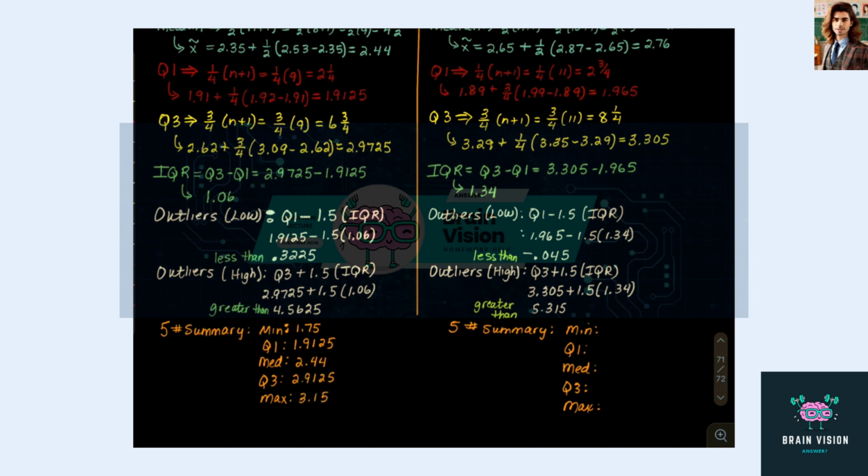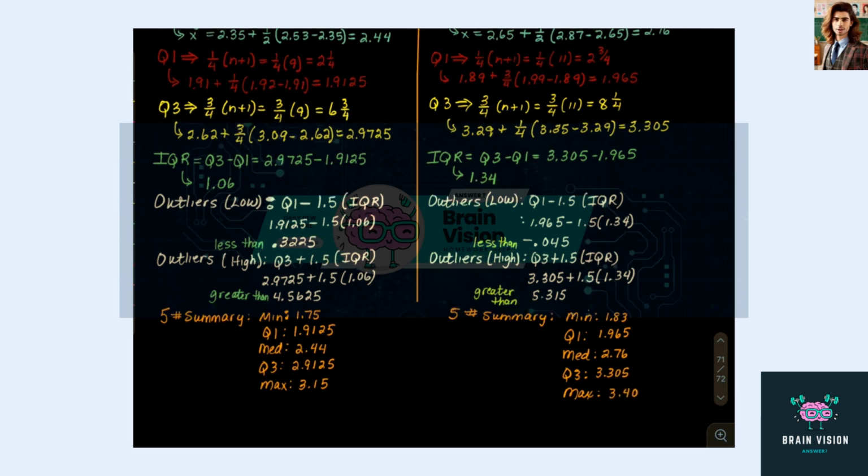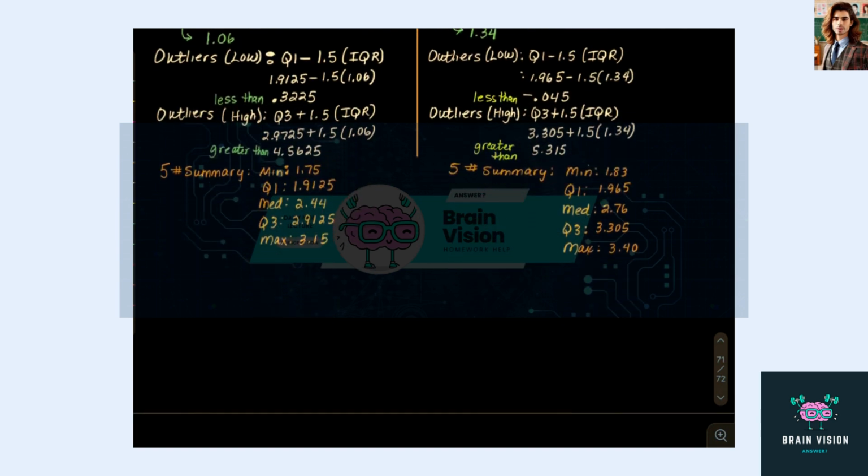For our second formulation, the minimum was 1.83. Q1 was 1.965. Median was 2.76. Q3 was 3.305. And the maximum was 3.40. So we are now ready to take that 5-number summary. We're going to draw a number line, and we are going to start counting at 1.7.